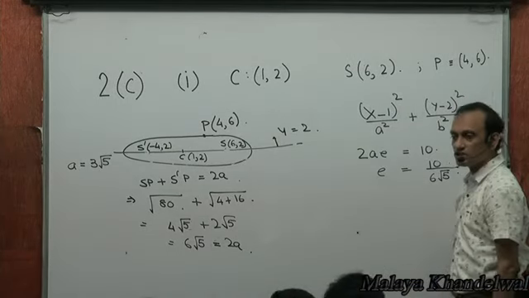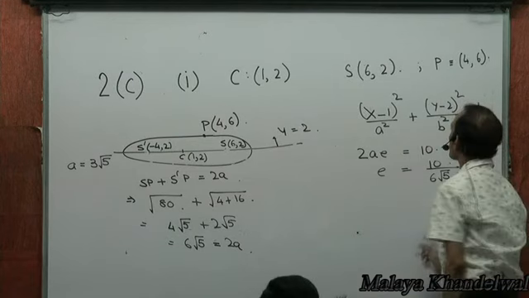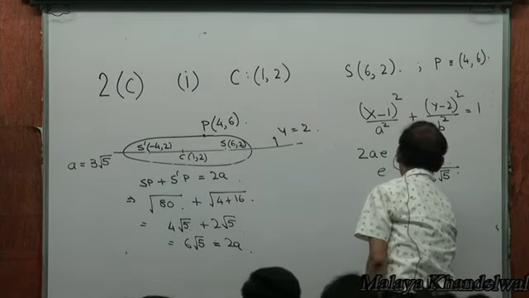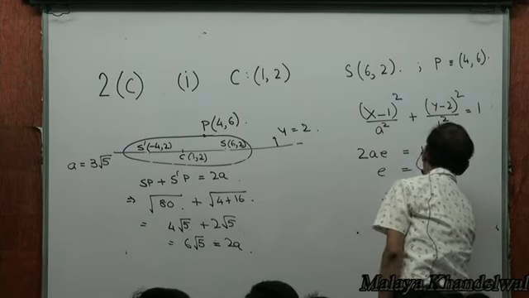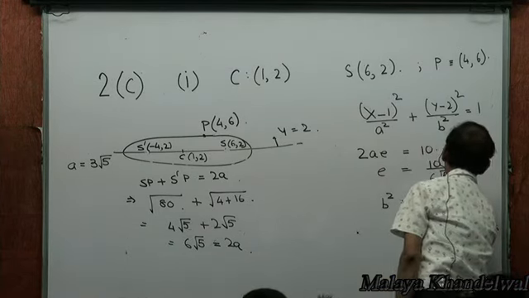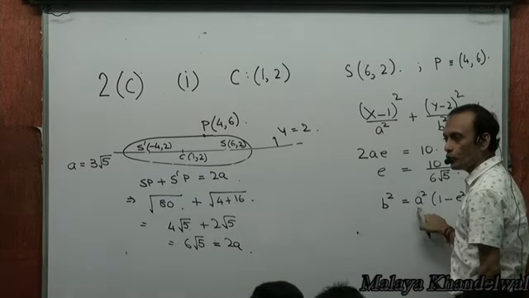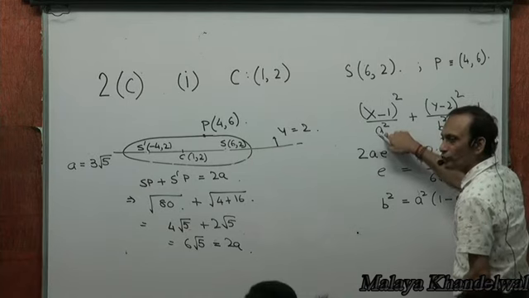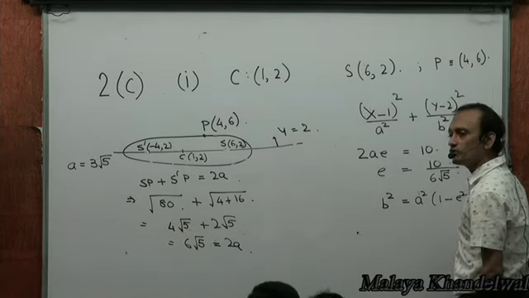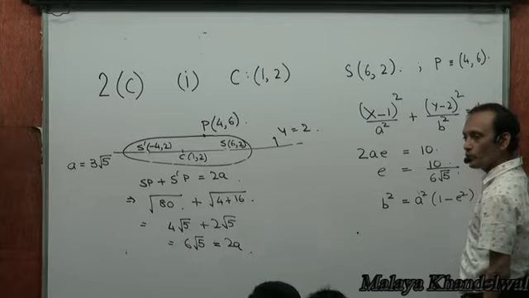So I know the eccentricity of this ellipse, right? I can find b squared. b squared is a squared into 1 minus e squared. I can find b squared from these considerations. I know a, I know e. So I can plug in the value of a here and the value of b here. And there I have the equation of the ellipse. Yes or no?